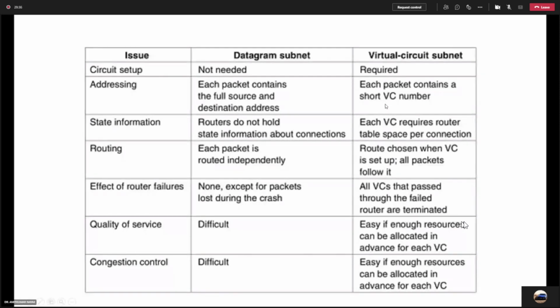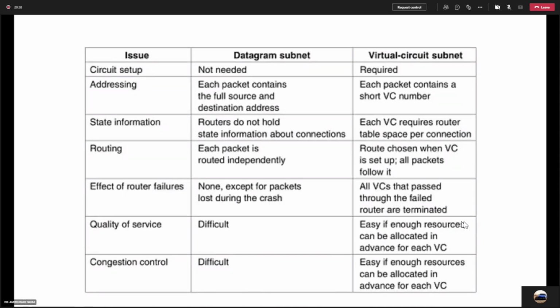Each and every path which is created will have some unique identity number. So path 1, path 2, 3, 4, a unique number is given to each and every connection, and that number is used as an address in connection oriented service.